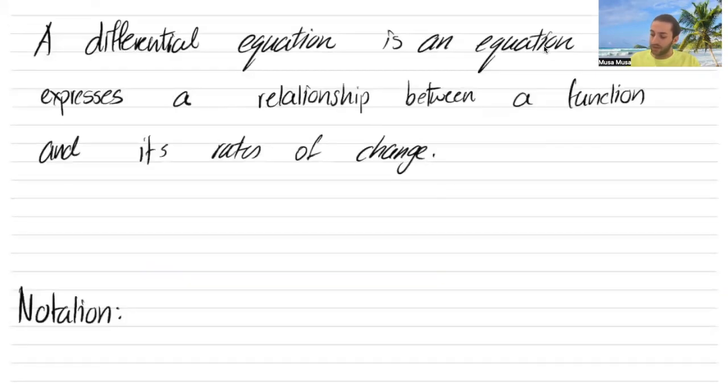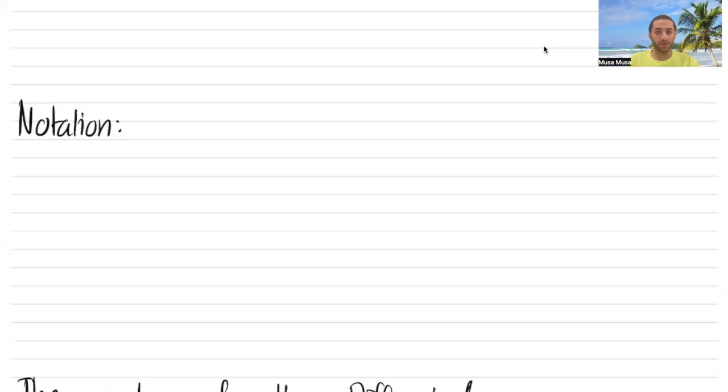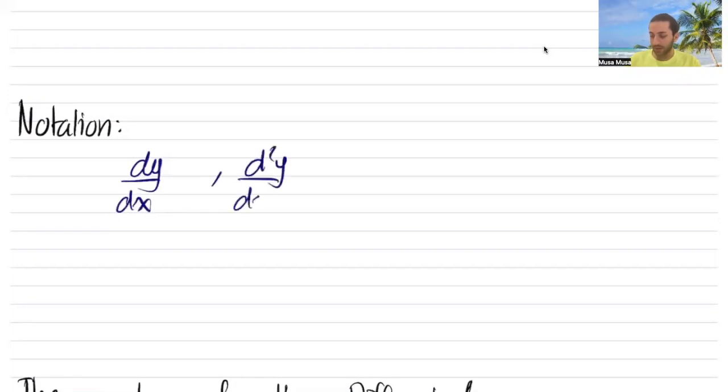So in terms of notation, the notation that we have to keep in mind is that we might have a dy/dx, then d squared y on dx squared, and then you would also have d cubed y on dx cubed.